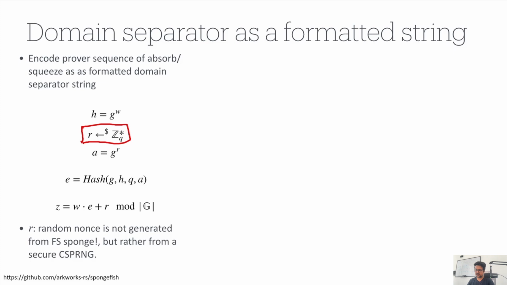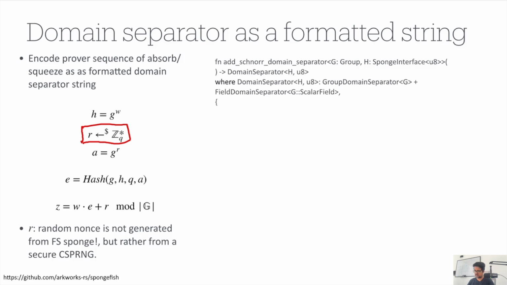For example, randomness that is meant for zero knowledge should be generated from a pseudorandom number generator, which is private to the prover, and not something that is shared by prover and verifier using some common definition.